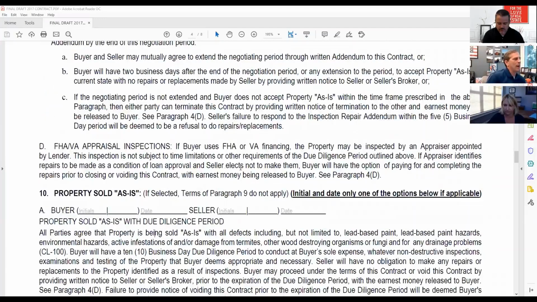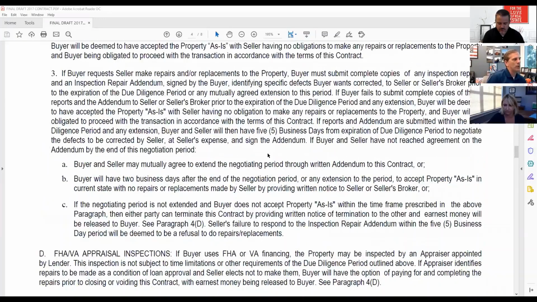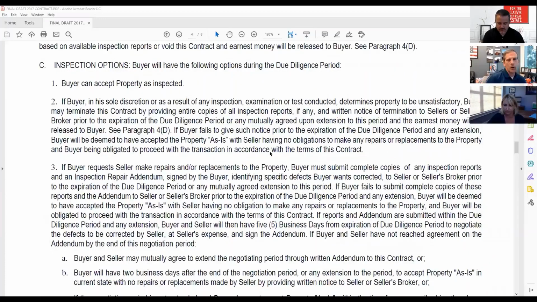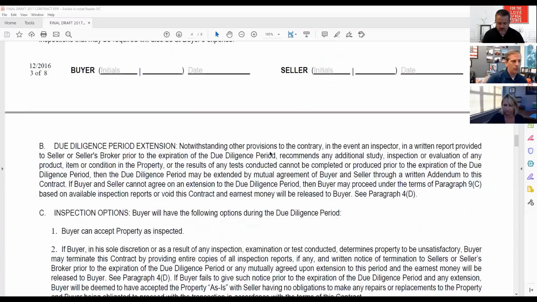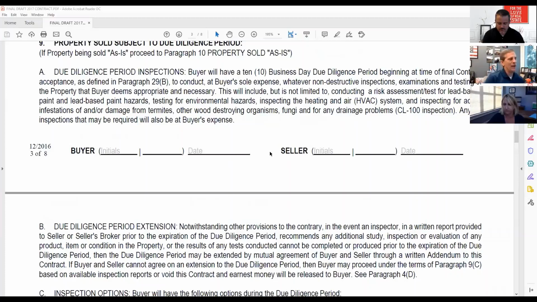Now, let's go back to paragraph 9 because this is important. Paragraph 9 is how most of us buy and sell property in our market. Paragraph 9A says that the buyer has a 10 business day due diligence period to do any inspections they want at their expense. Keep in mind, it's 10 days once the contract's ratified.